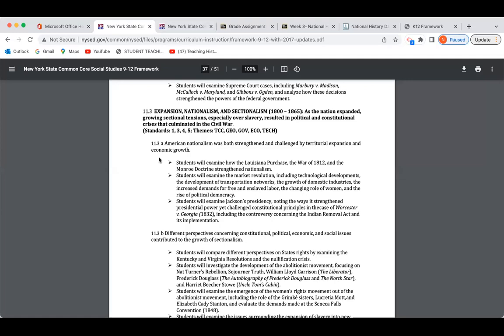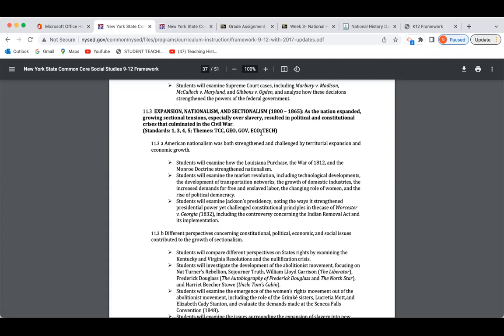A lot of the topics that were in History Day had to deal with expansion, nationalism, and sectionalism. And it's always good to focus on themes. So I think these topics that were set up really were having students think thematically about the idea of frontiers.